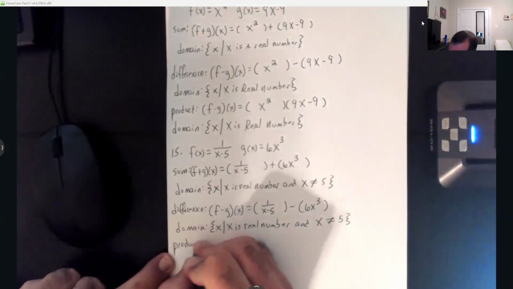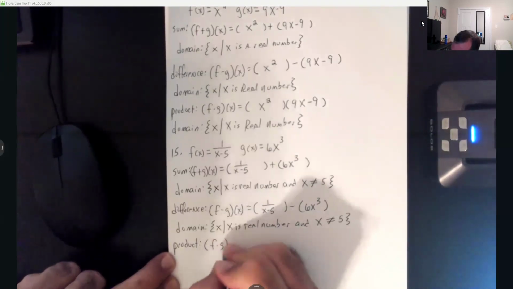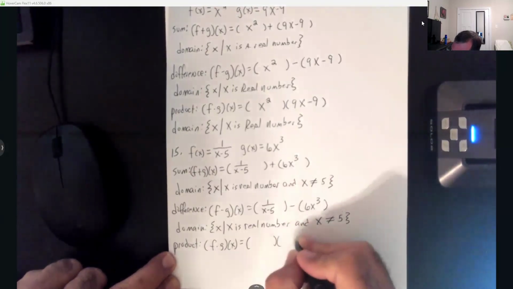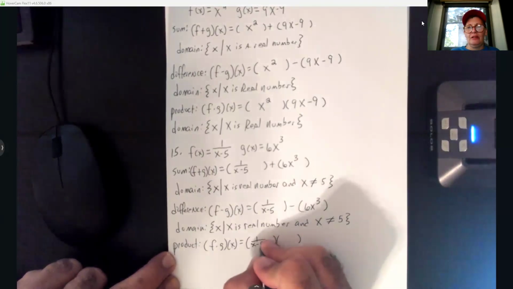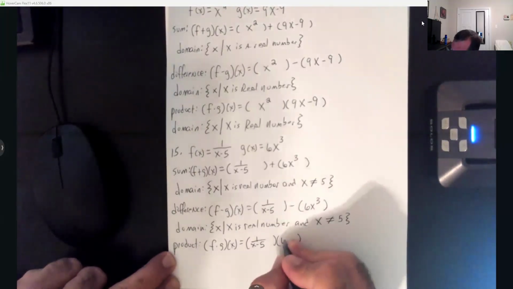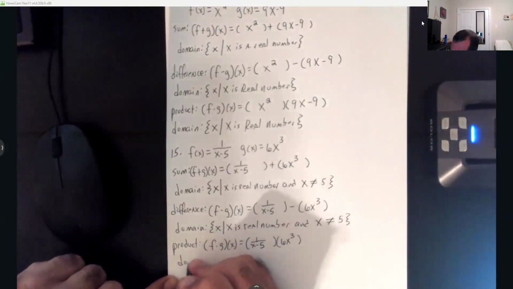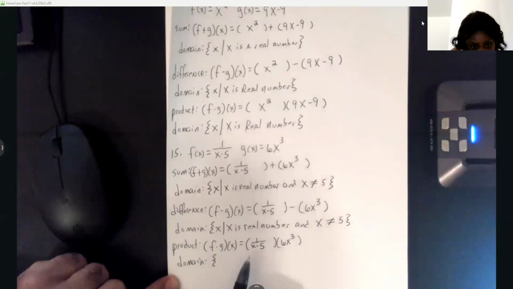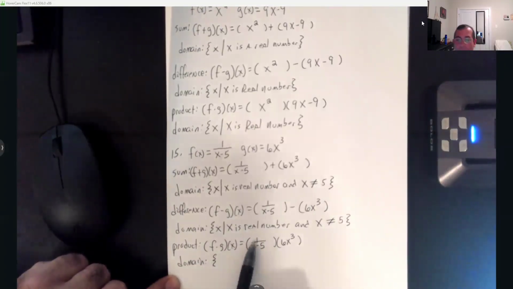So let's see about that product. f times g of x is my f times my g. And that's the same, right? 1 over x minus 5 times 6x to the third. You still have a fraction, so if that's a 0 down here, you can't multiply anything because it makes it undefined.